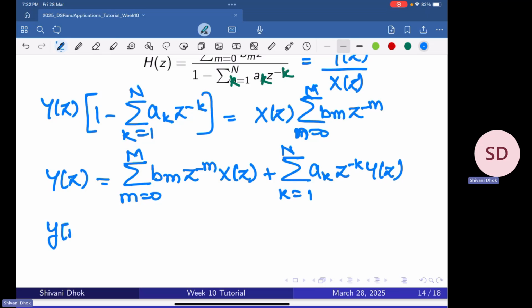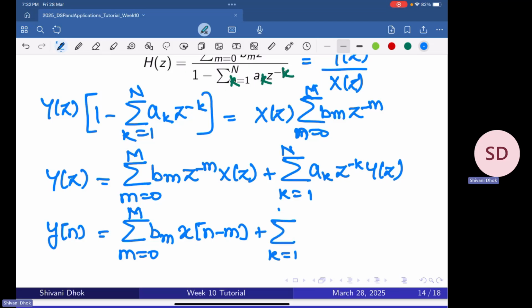I get y of n equal to summation m equal to 0 to capital M, b_m X of z, whose inverse z transform is x of n minus m, plus summation k equal to 1 to N, a_k y of n minus k.